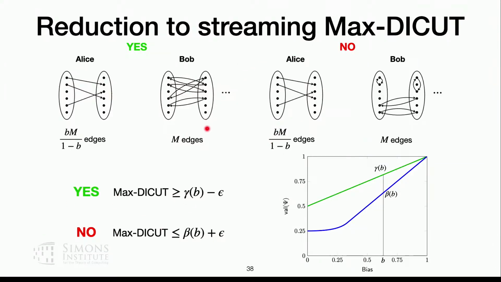When bias b is really high, it's Alice's edges that dominate the Max-DICUT value. And so this turns out to be the optimal partition, which is why in this case the Max-DICUT value is the same as beta of B, which was this B itself. So that's the intuition, this is how the reduction works, and that's the separation.